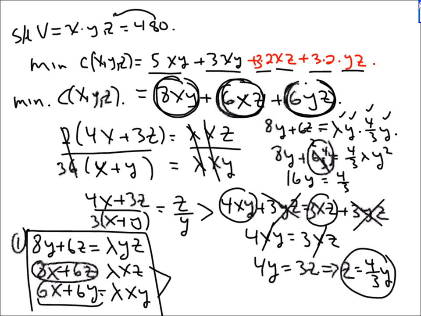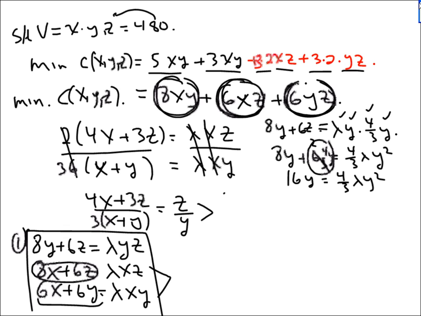This is 4/3 lambda y squared. Dividing by y, the common value, I don't want to lose this statement, that z is 4/3 y. Now dividing by y, we get 16 is 4/3 lambda y.